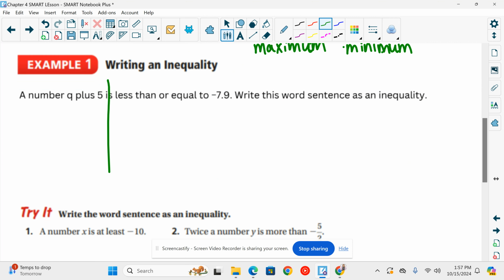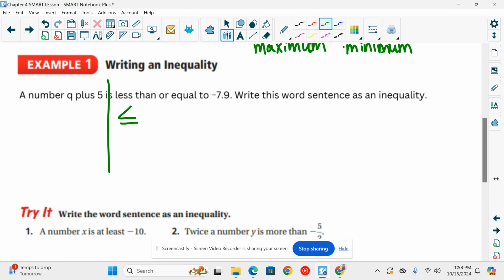You can almost split it right there. Is less than or equal to. What symbol is going to be with that? It's going to be the less than or equal to symbol.